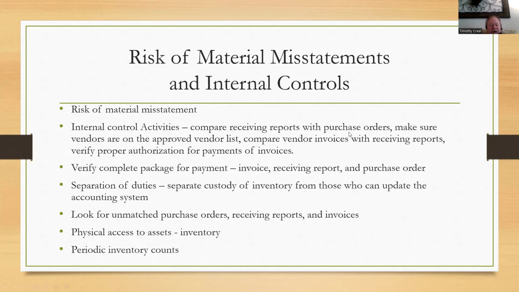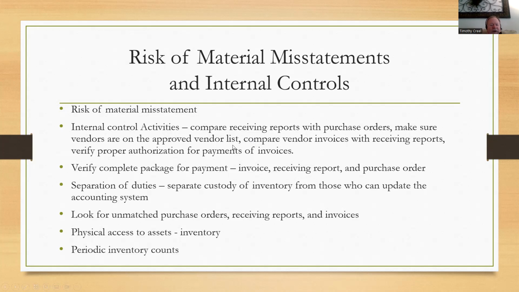Basically, this is just the receiving department verifying that the company got what they were asking for. They got what they ordered. They didn't receive a bunch of extra stuff. They didn't receive a partial shipment. They didn't receive a lot of damaged goods. That was basically what the receiving report will identify. So it's a good internal control to compare the two.